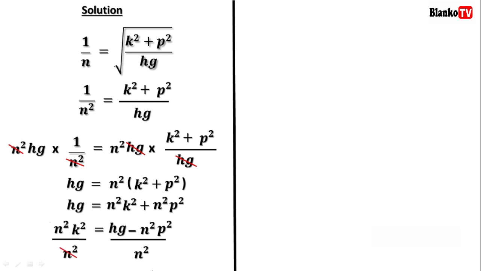So n square cancels n square at the left hand side. So k square is now equal to hg minus n square p square over n square. I hope you are following it.